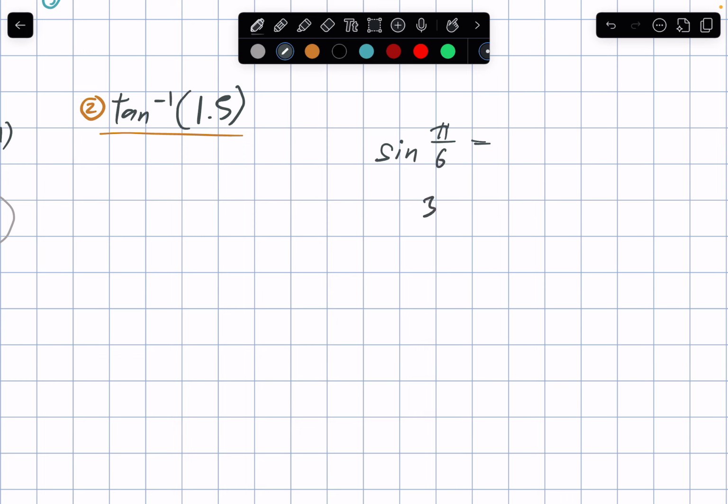Pi over 6. Pi over 6 is also 30 degrees. This is equal to 0. Is it? I think it's 1. I forgot it already, I think. Let me confirm though if it's correct.